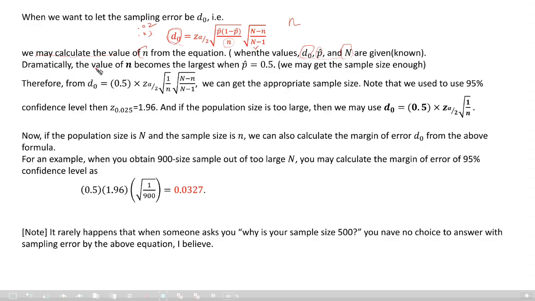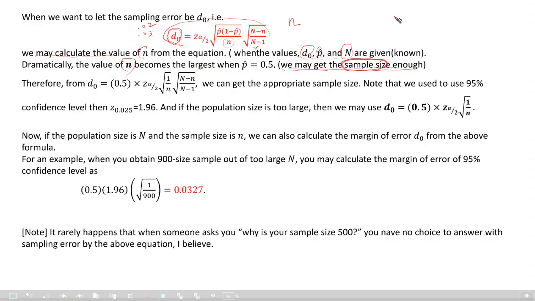The value of n becomes the largest when p hat equals 0.5. n has the maximum value when p hat equals 0.5 in this equation. So we may get a sufficient sample size. It is not a strict value.